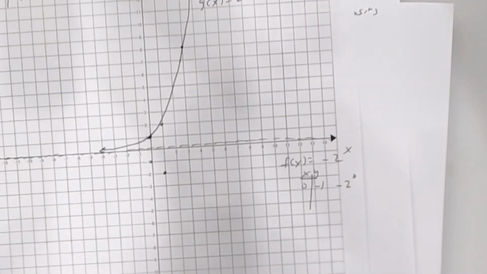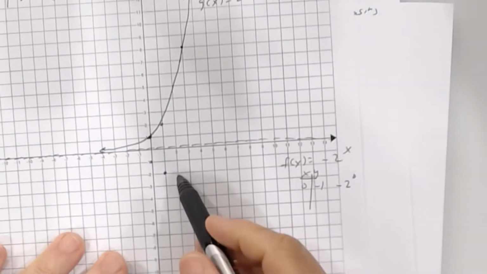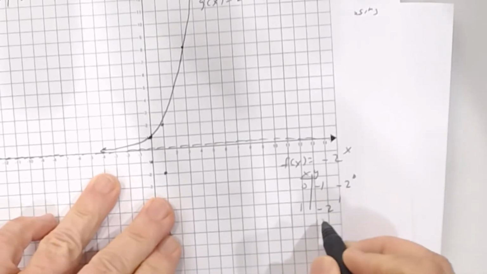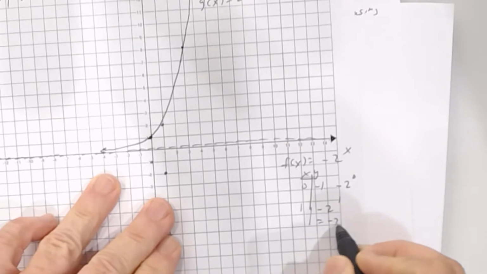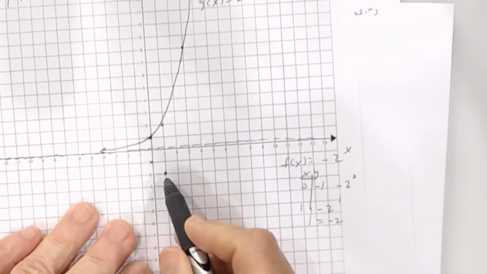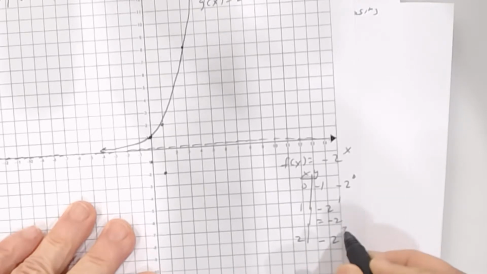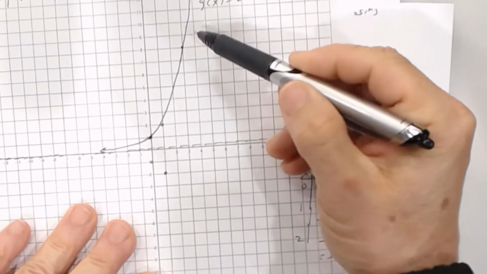So I just need maybe 1 or 2 more points. So if x is 1, I get negative 2 to the first, which is what? Negative 2, which we already knew, right? And if x is, let's say, 2, I get negative 2 to the third, which is negative 8, which I already knew, because remember our discussion?